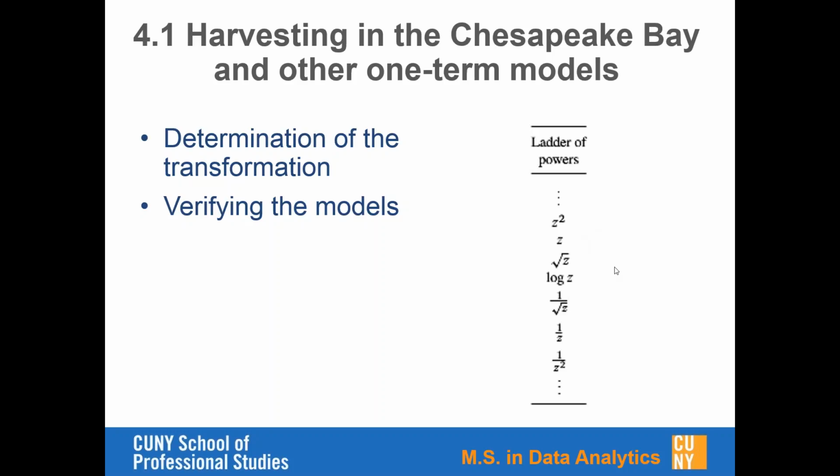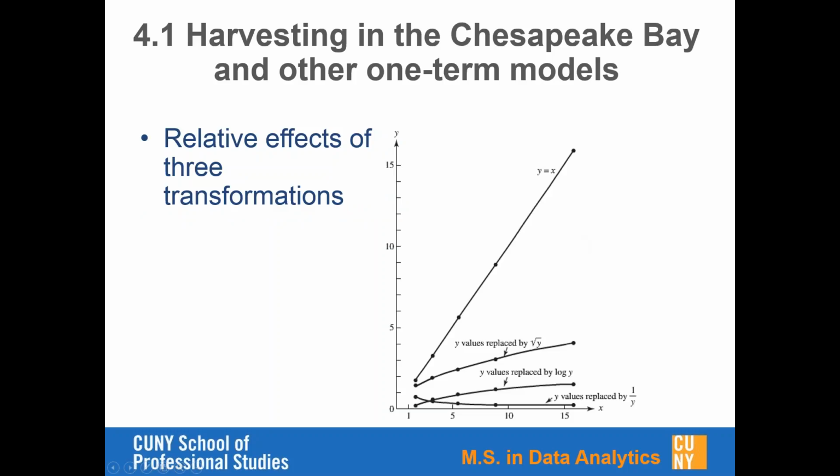So essentially these are the sequence you might want to try for some of the transformations if you really want to test it. And then the book also shows, for this specific example, what the model looks like for different transformations.